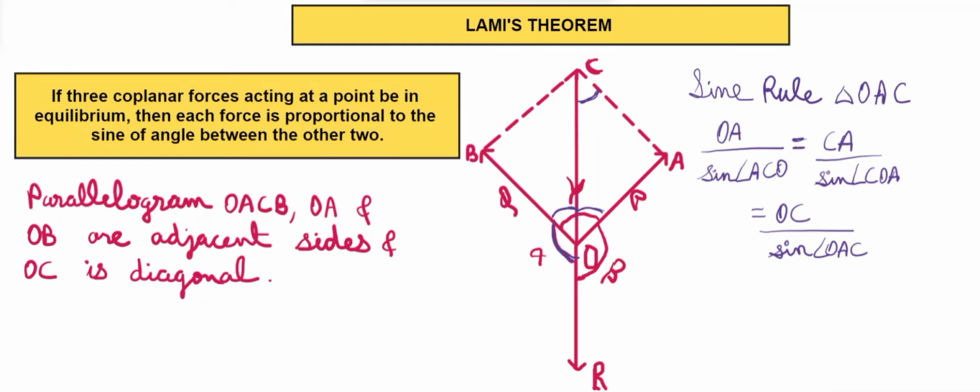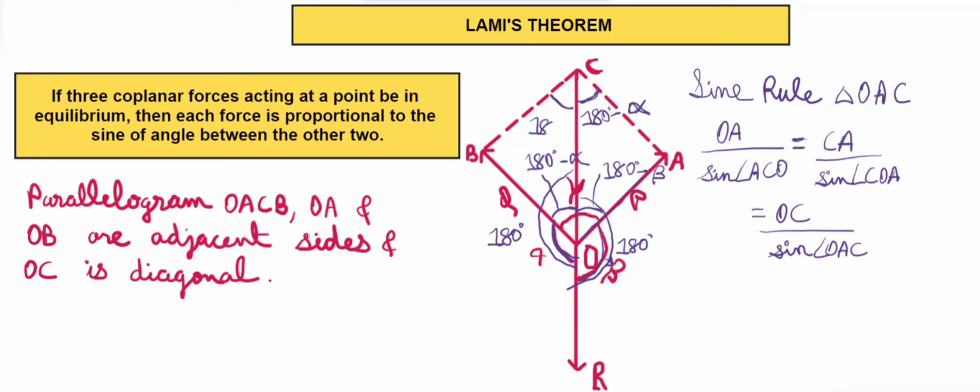Let's find all of these angles. Now here this total angle is 180 degrees, and the angle between Q and R is alpha, so this angle will be 180 minus alpha. Same with this side also, the total angle is 180, so this angle will be 180 minus beta, because the angle between P and R is beta. Then here this angle will be 180 minus alpha, because it is a vertically opposite angle.